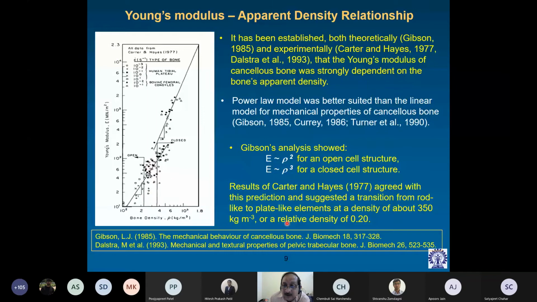The transition at about 350 kg per meter cube, or a relative density of 0.2. Okay, so this is basically a log-log graph, and what has been found out is that the transition takes place at a cutoff point of 350 kg per meter cube, from open cell to closed cell structure.